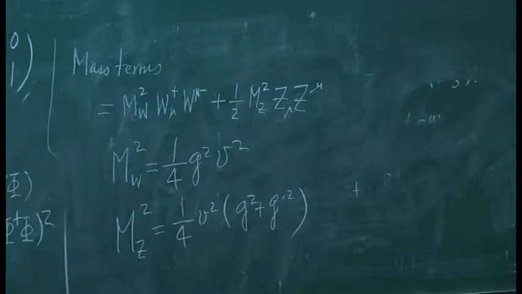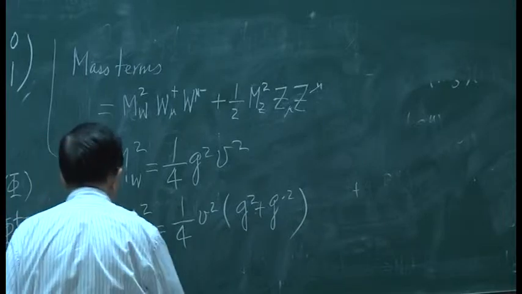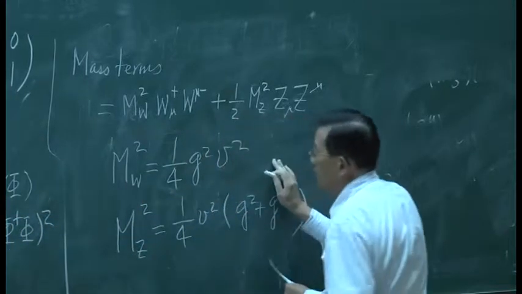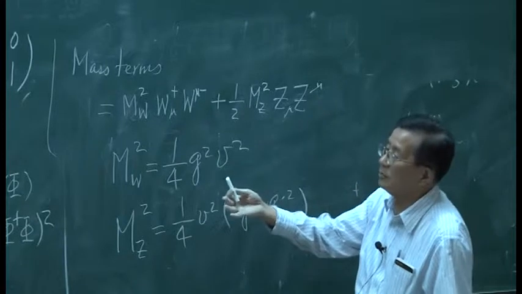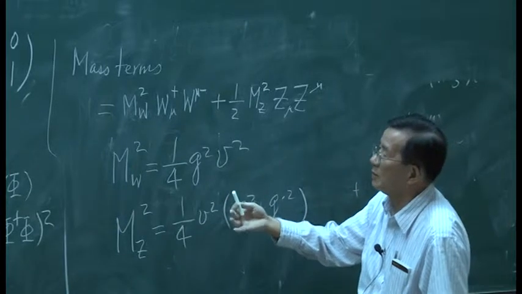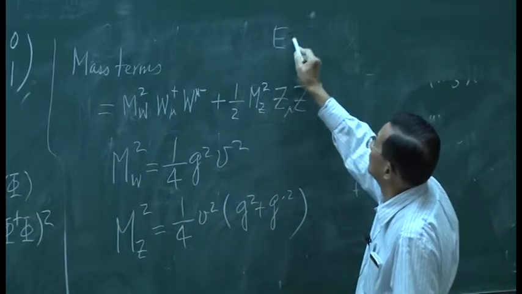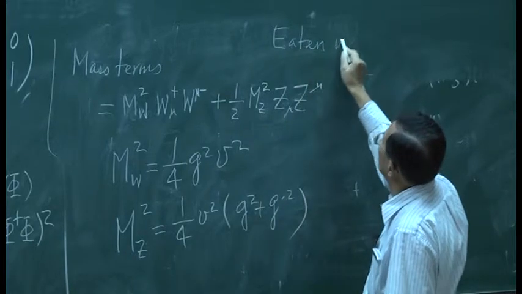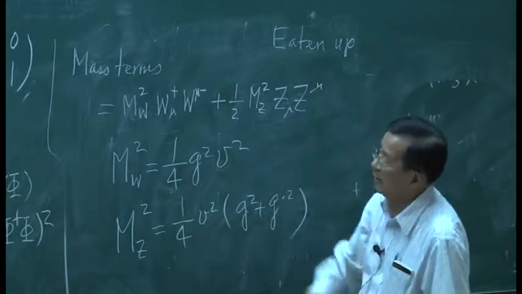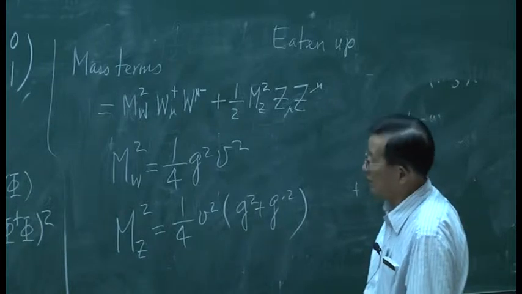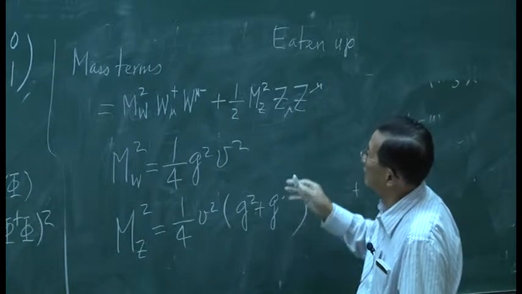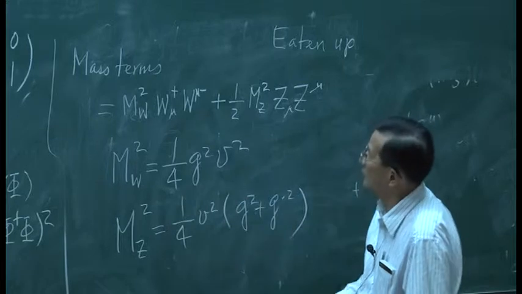Here I have 4 degrees of freedom, which include 3 massless Goldstone bosons plus 1 Higgs. After doing this, the massless Goldstone bosons disappear, and it's usually called being eaten up by the massless gauge bosons, turning them into massive gauge bosons.